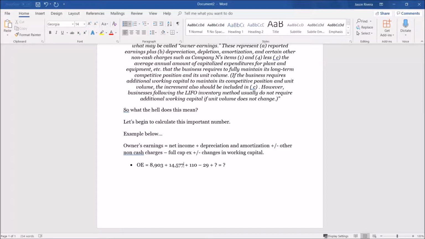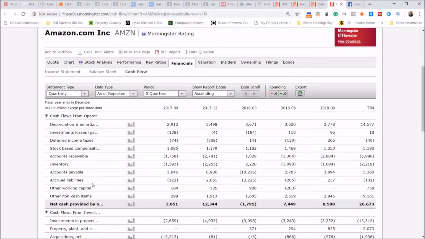And I'll explain why you do all these things in the webinar. Again, I just want to show you the first part of this calculation, then we'll go in depth on the webinar about why this is included, and so on. Plus or minus other non-cash charges. Right here, it's sometimes under different names.